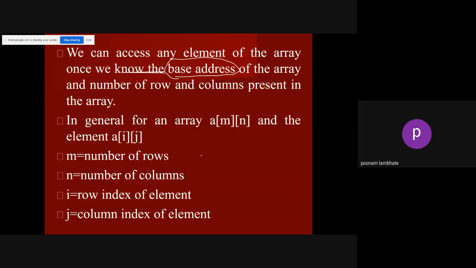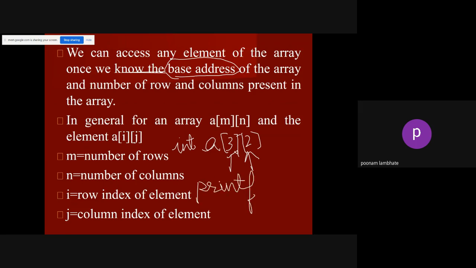Now assume that I write int a[3][2], where 3 means the total number of rows and 2 means the total number of columns. Now suppose I want to print the value of a[0][1] using printf. Whatever I write in my square brackets here doesn't mean it is the total number of rows or columns.